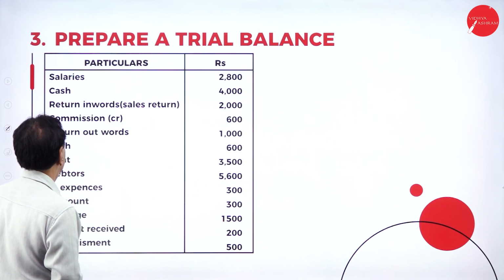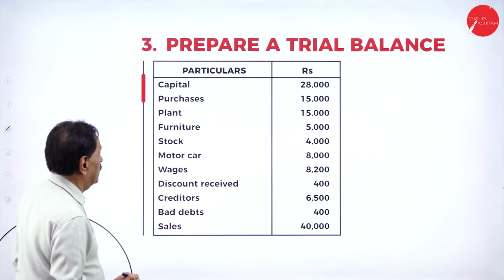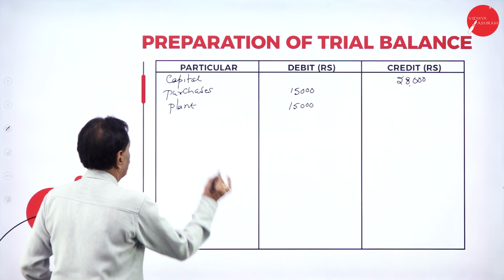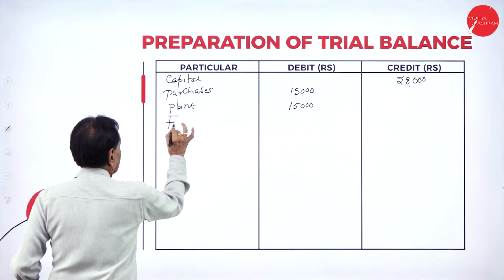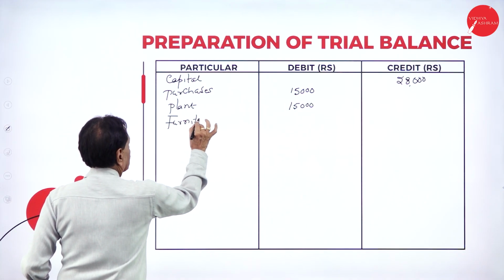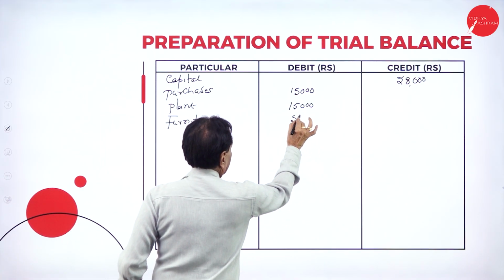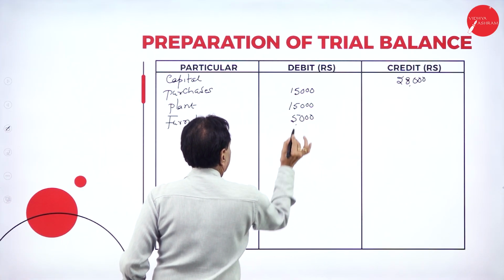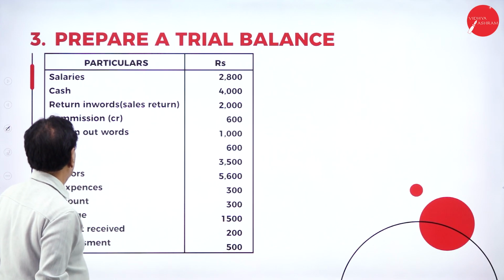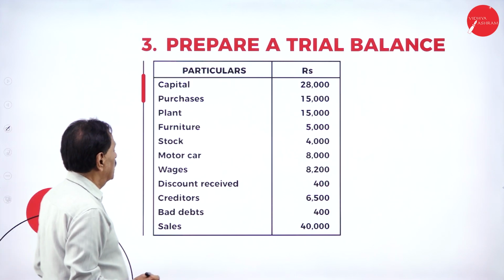What is the next one? Furniture. The cost of the furniture is 5,000. Debit side, asset. What is the next one? Stock.